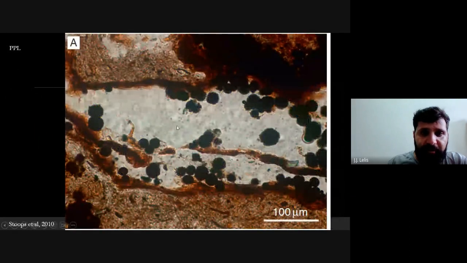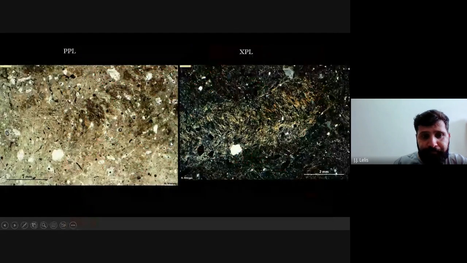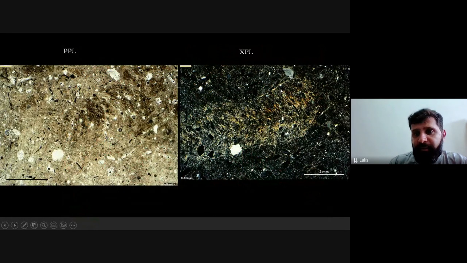This is another expression of excrements that we can see in voids. And these are some pedofeatures that express some pedotubules, because they express a different fabric. You can easily see this pedofeature in the XPL image, because we have a different color here, but even here we can see a different fabric.